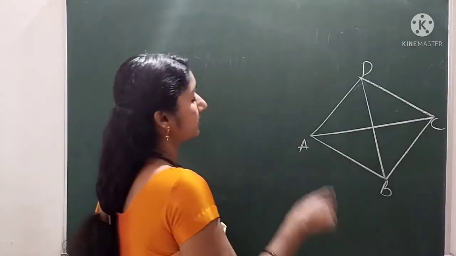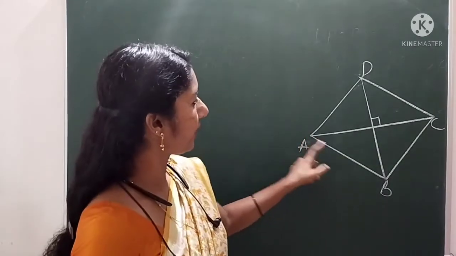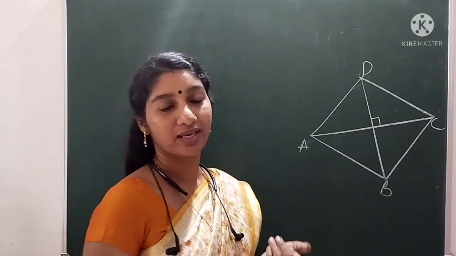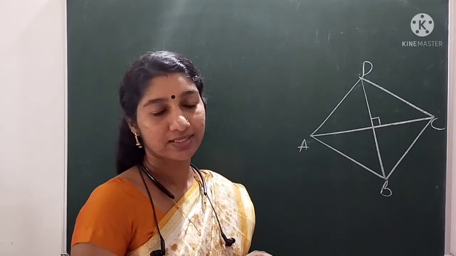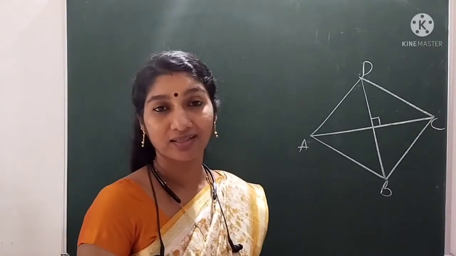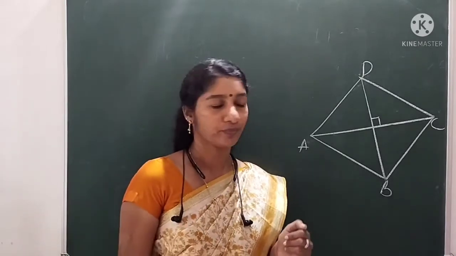ABCD is the quadrilateral and AC and BD are the diagonals. We need to prove ABCD is a square. Before that we need to prove it's a parallelogram, isn't it? And also all sides are equal and one angle is 90 degrees. So many things we need to do.